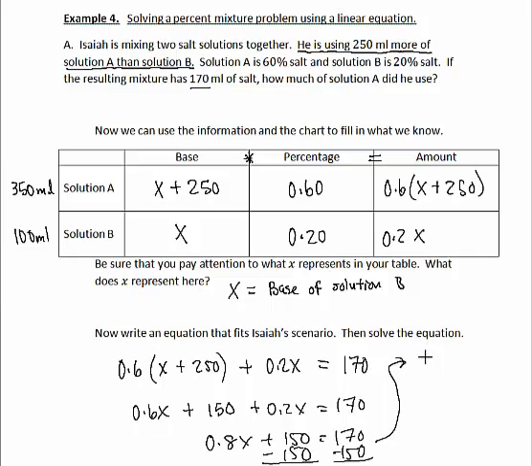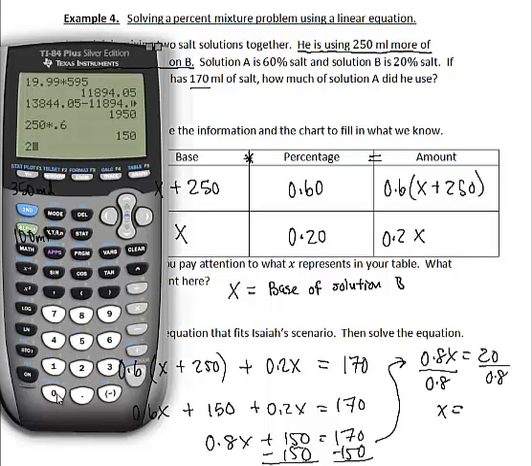And that would give us 0.8x equals 20. And now we divide both sides by 0.8. And we get x equals 20 divided by 0.8, enter, 25.